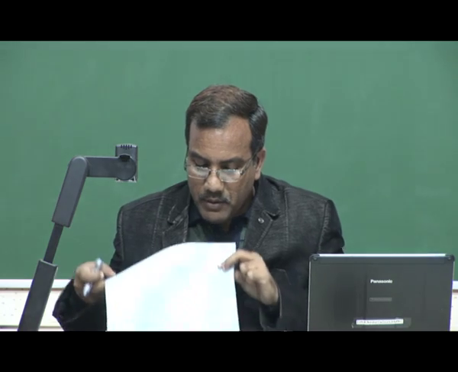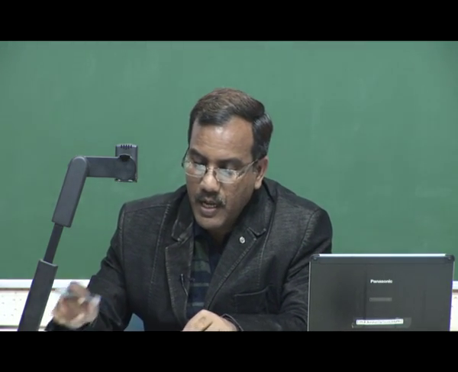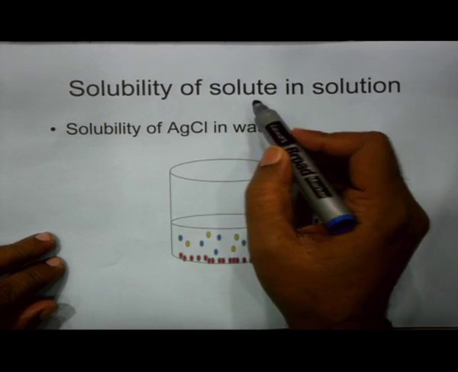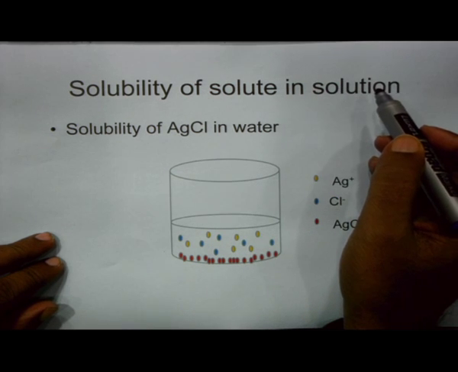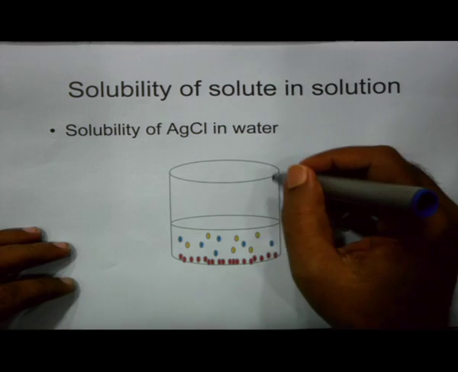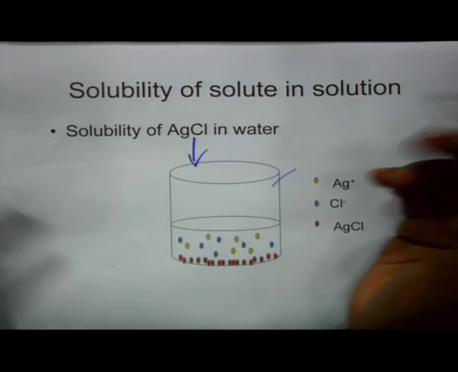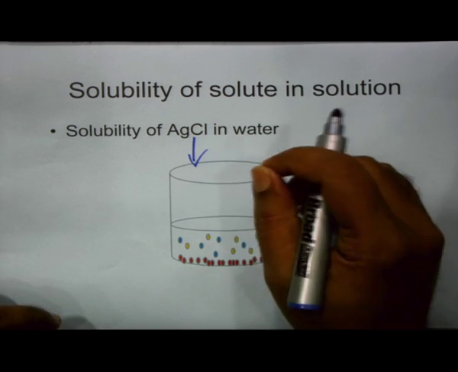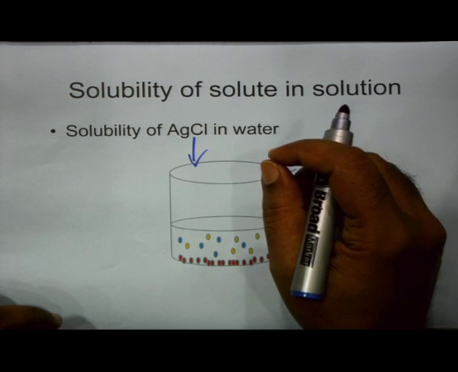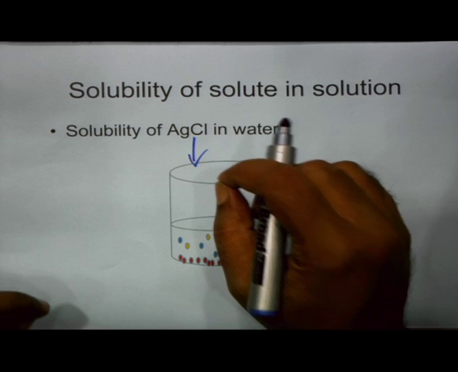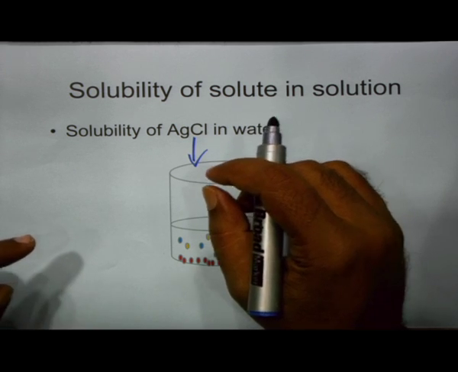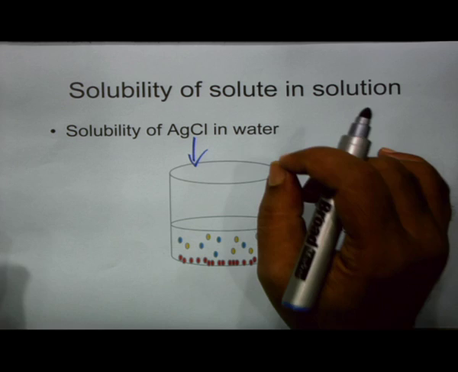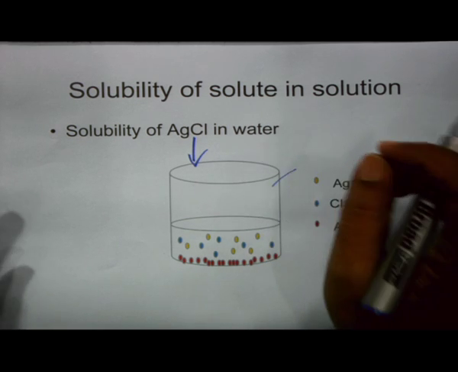There are other cases of equilibrium, for example, if you are looking at solubility of a solute in solution. Suppose I take water and I want to dissolve AgCl. You put some amount of AgCl, you mix it, and you will see it dissolve. But if you put an extra amount, you will see it is not getting dissolved. Only a very small amount of AgCl goes into water.